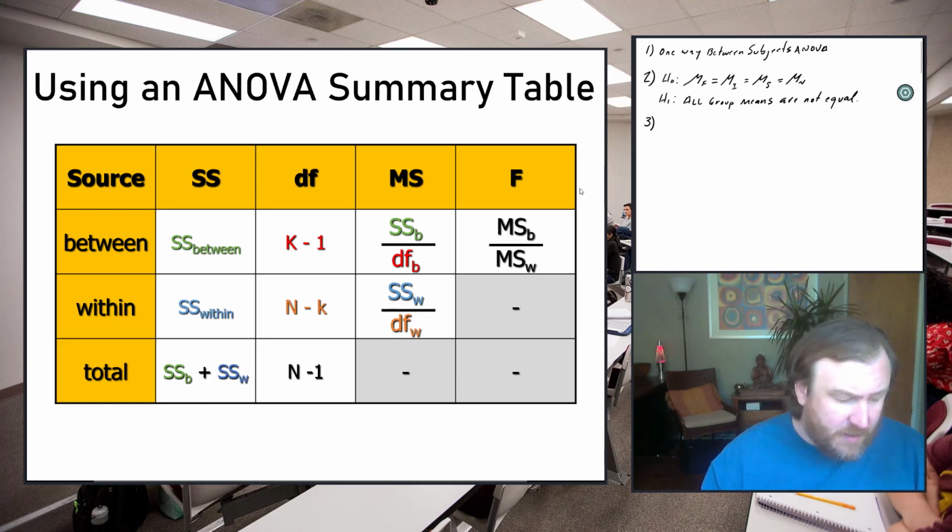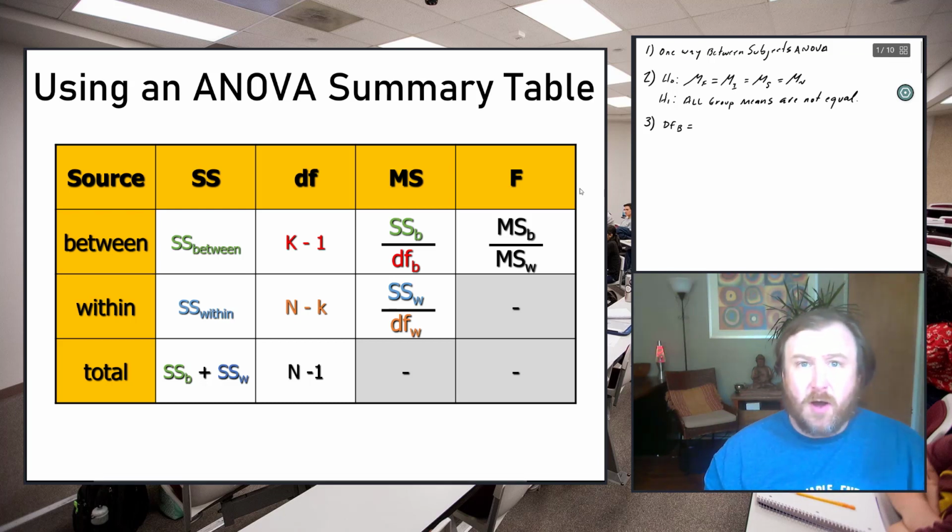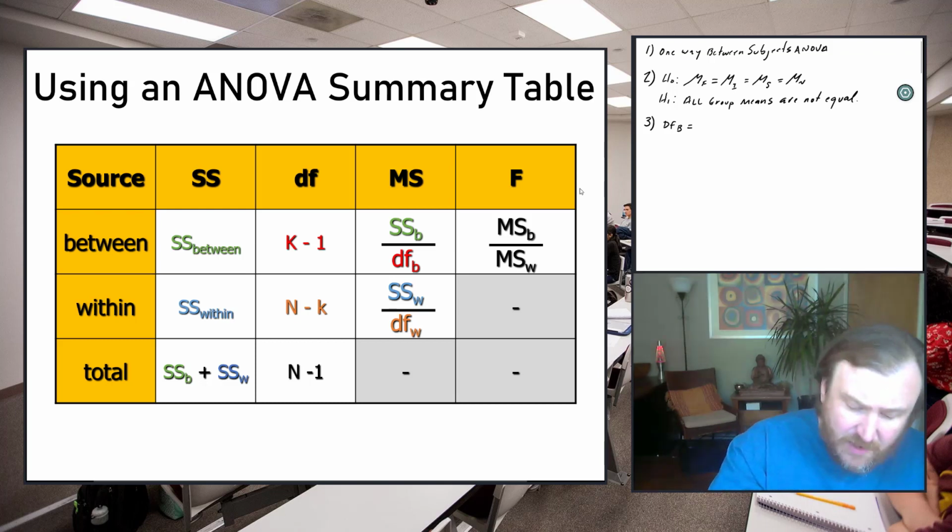So our degrees of freedom between are k minus 1. Now remember, k in ANOVA represents the number of cells that we have. Well, we have 4 different groups, 4 different cells. So degrees of freedom is 4 minus 1, which is equal to 3.